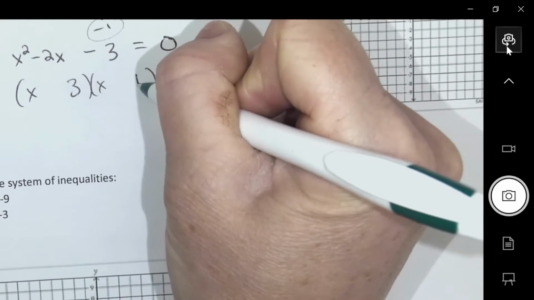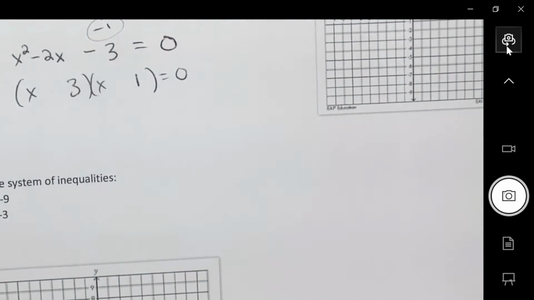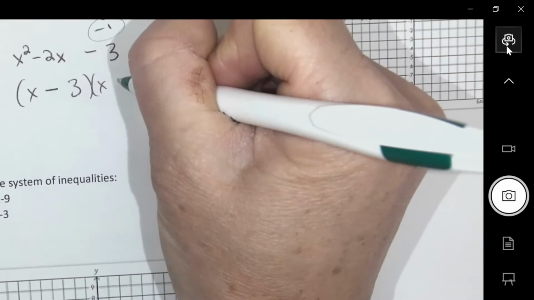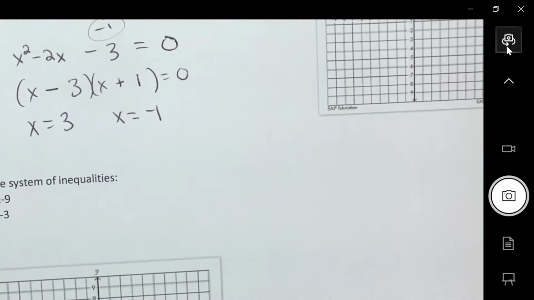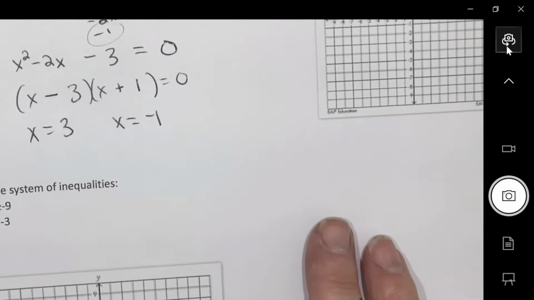So 3 times 1, minus, plus. Okay, this is not your answer.